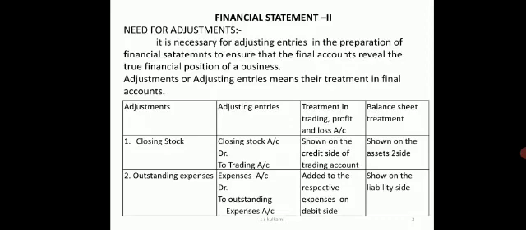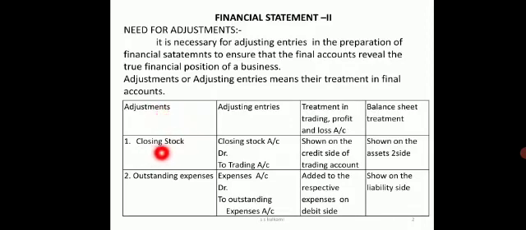Adjusting entries are just given because you may get a 2 marks question on what is the adjusting entry for closing stock or for depreciation or for providing provision for doubtful debts, etc. The adjusting entries are closing entries which will appear only in the journal proper, and you have the treatment, how it is done in the trading profit and loss account and the treatment in the balance sheet. So we'll start with the closing stock.